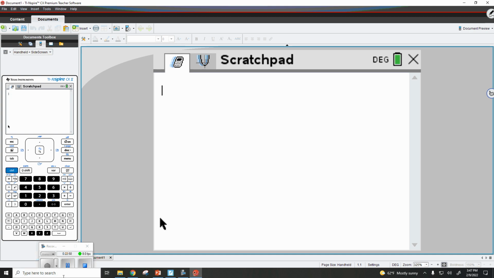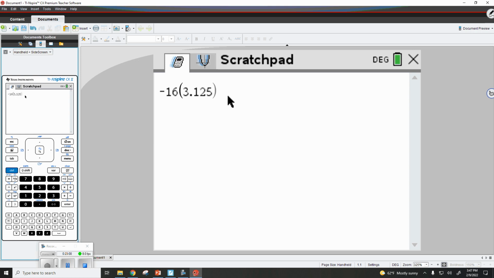Okay. So negative 16 times 3.125 squared, and it was plus 100x. Oh, yeah. I'm trying to come down. There you go, 100 times 3.125 plus 4.